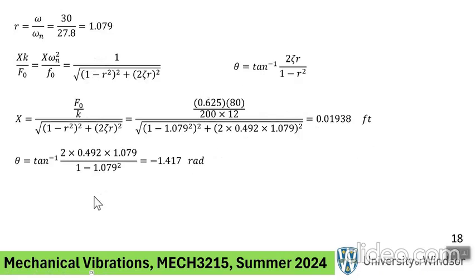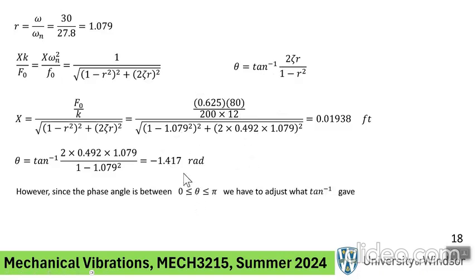Okay, so by the way, remember that this 0.625 was PSI, pounds per square inch. If you multiply it by 80 square inches, you get pounds. So that is the correct unit. So theta, just plug it in. And now remember, the problem is that the angle theta must be between 0 and pi. If you tried it, the calculator will spit out an angle which is in the first or fourth quadrant.